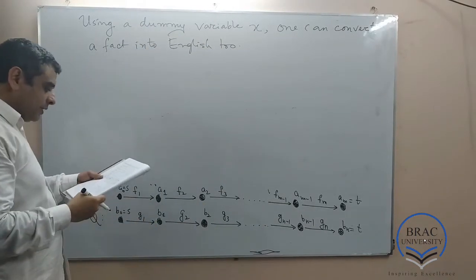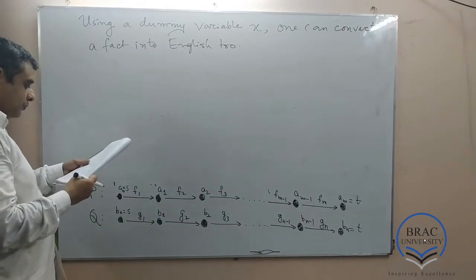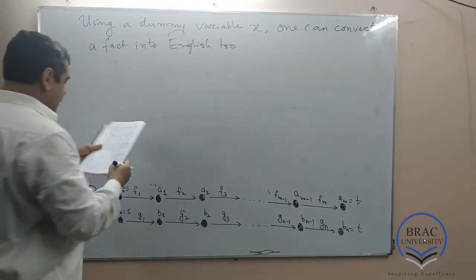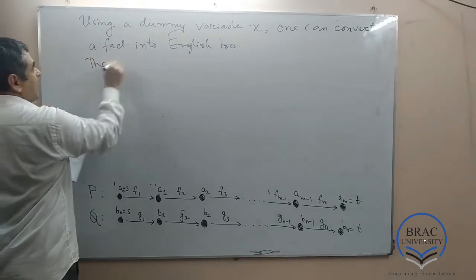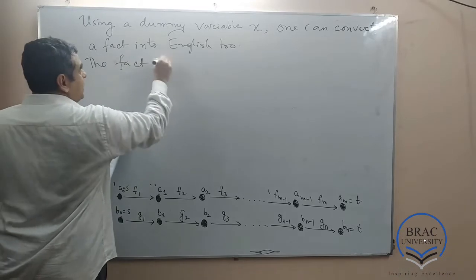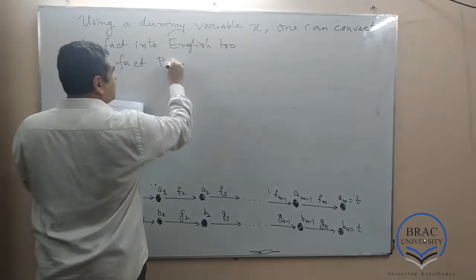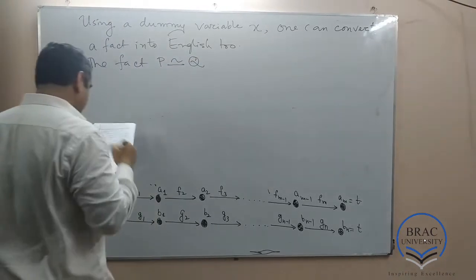So there is an algorithm for doing that. I'll explain the algorithm. The fact, so we write that the fact P is equivalent to Q.